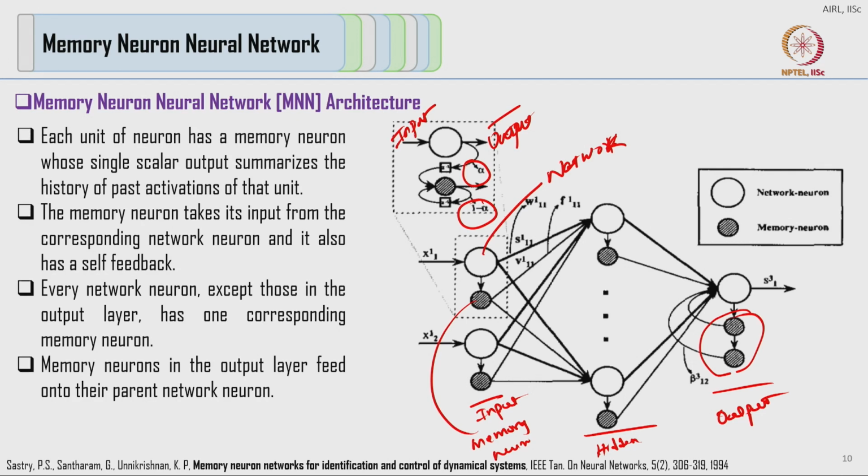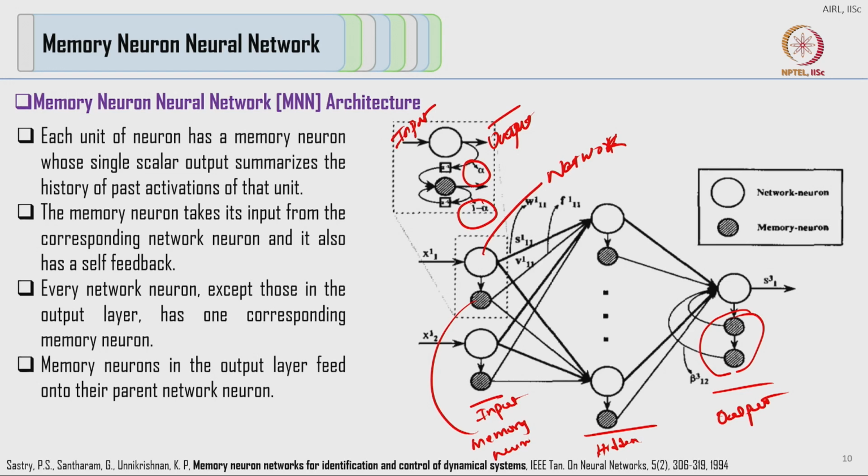Now, to summarize the architecture: each network neuron has one memory neuron in the input layer and the hidden layer, whereas in the output layer it can have more than one memory neuron. These neurons capture the past relationship and capture the recurrence more effectively.